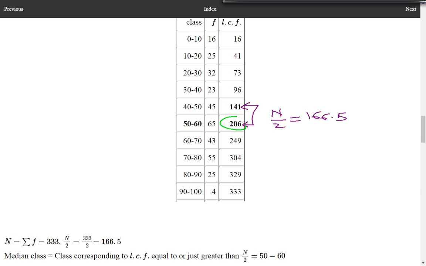The higher one is 206, and the class corresponding to this is 50 to 60. So our median class is 50 to 60.